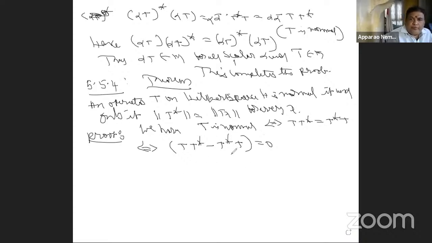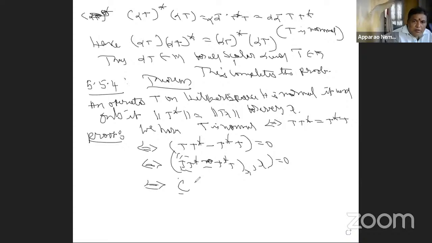That means, if and only if inner product of T T star minus T star T X comma X equals 0 by theorem 4.6.